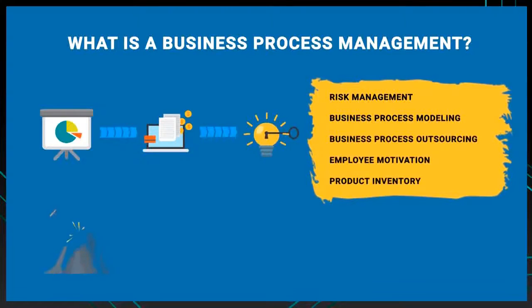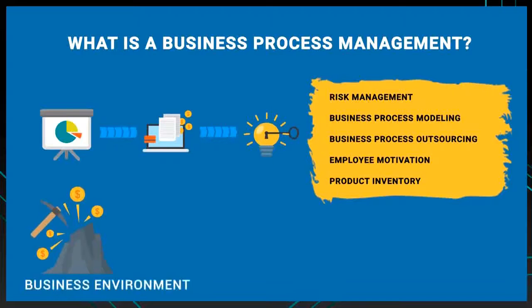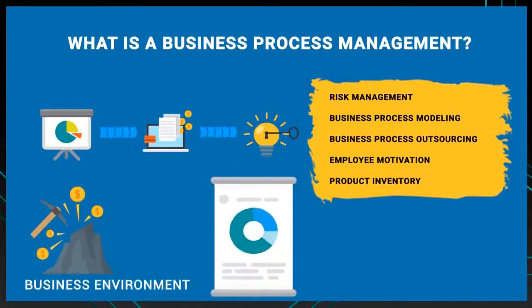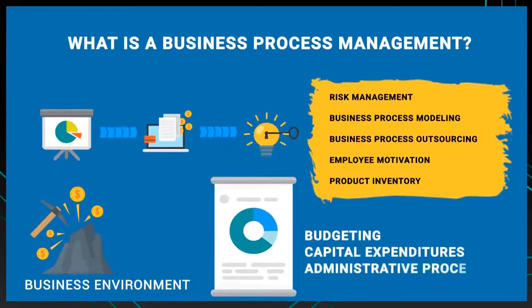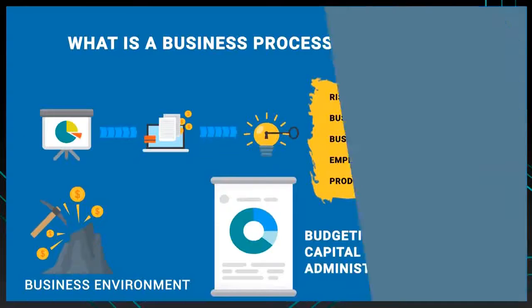The main advantage of business process management is that it can be remolded as well as modified again according to the needs of the changing business environment. By introducing a business management plan, core processes such as budgeting, capital expenditures, and administrative processes can be perfectly managed.